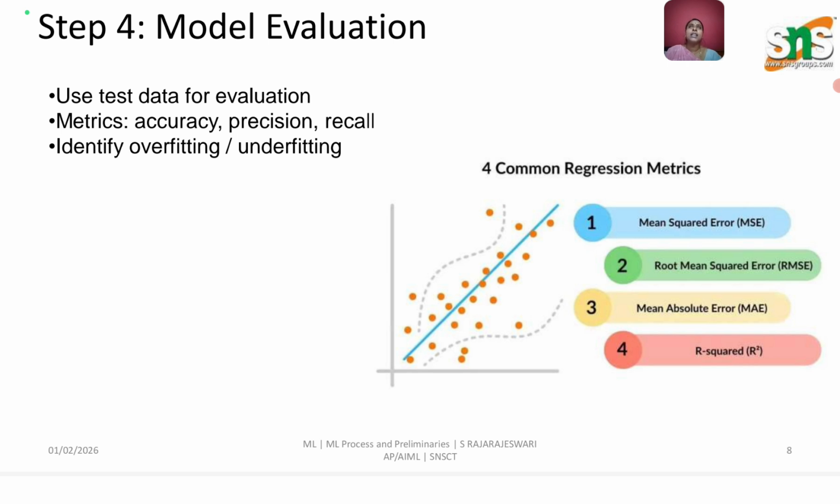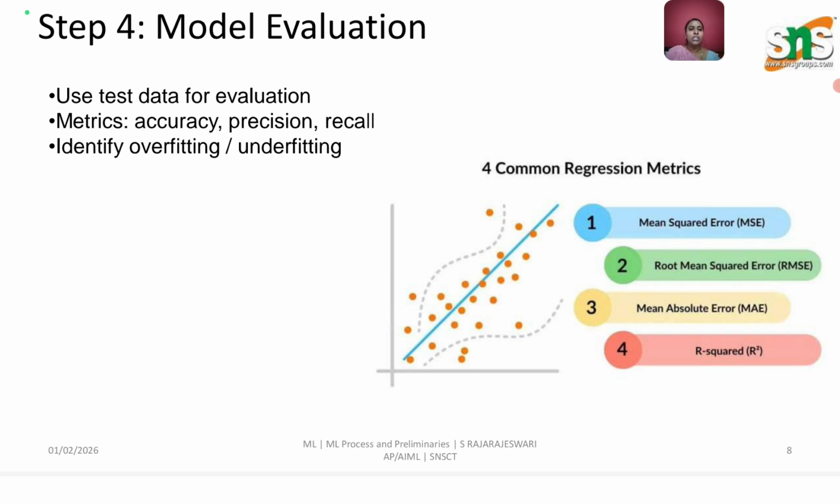Regression comes under supervised learning, that is classification and regression. Under regression we have linear and logistic. Linear regression is the line graph with the line formula y = mx + b.